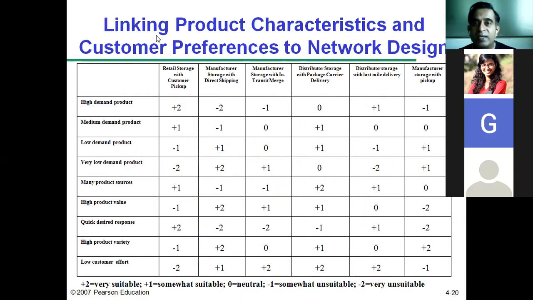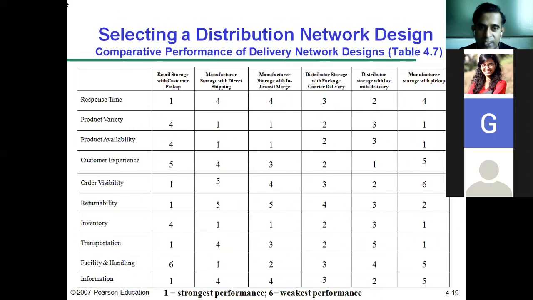And by linking the product characteristics like high demand, medium demand, or low demand with the customer preferences, how a company can choose a type of distribution network, we are going to learn now in the next two slides.